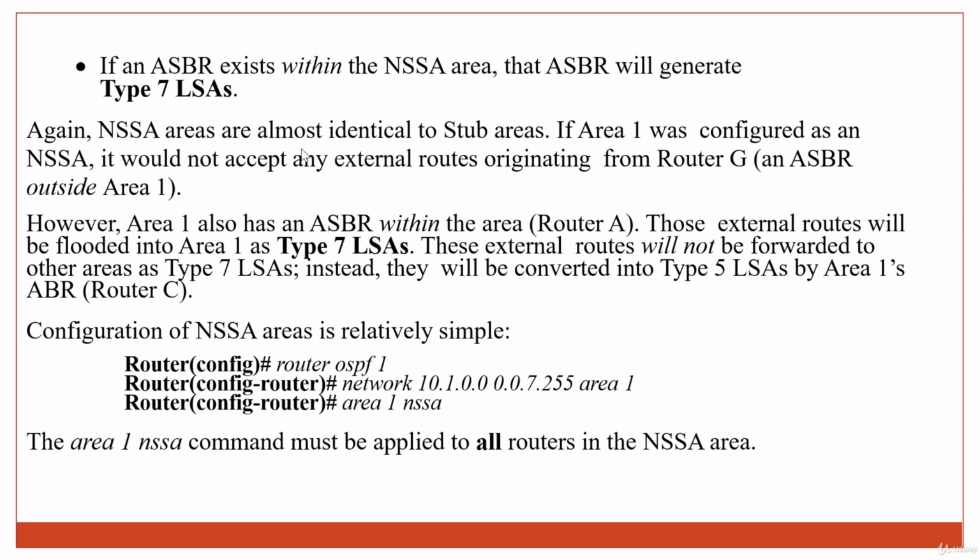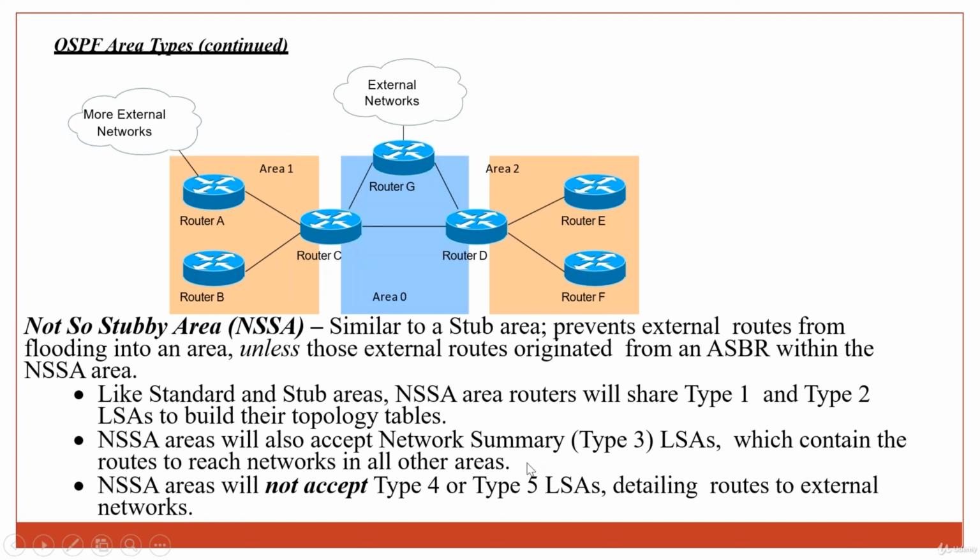Again, NSSA areas are almost identical to a stub area. If area 1 was configured as NSSA, it would not accept any external route originating from router G as ASBR outside area 1.